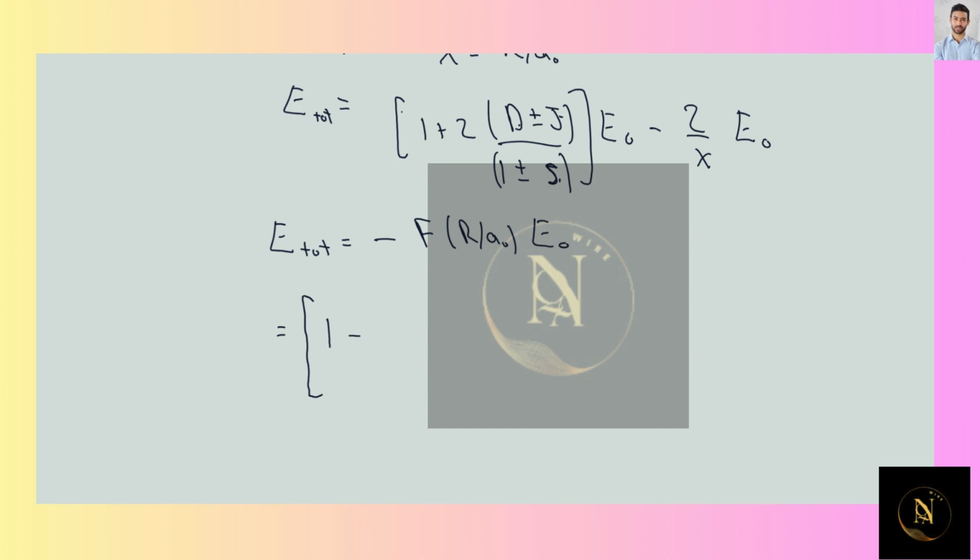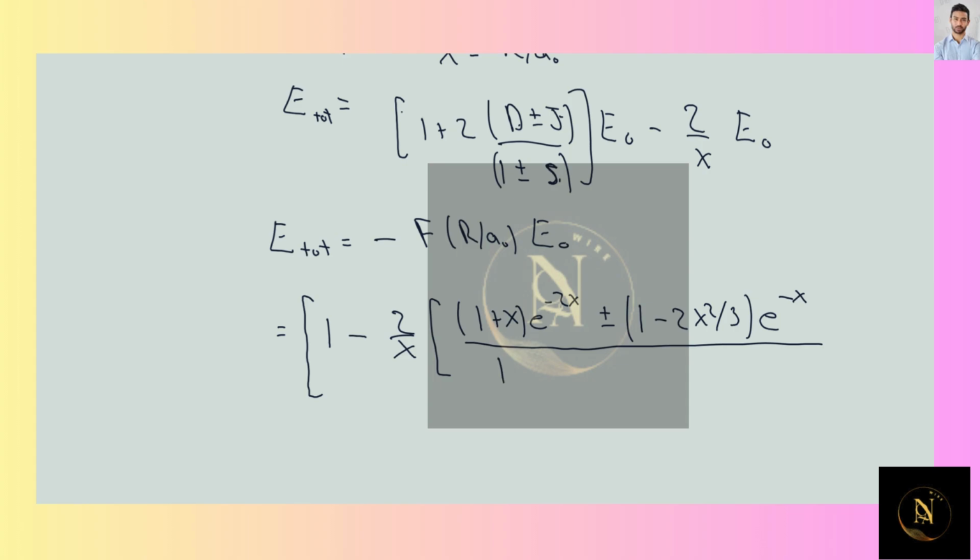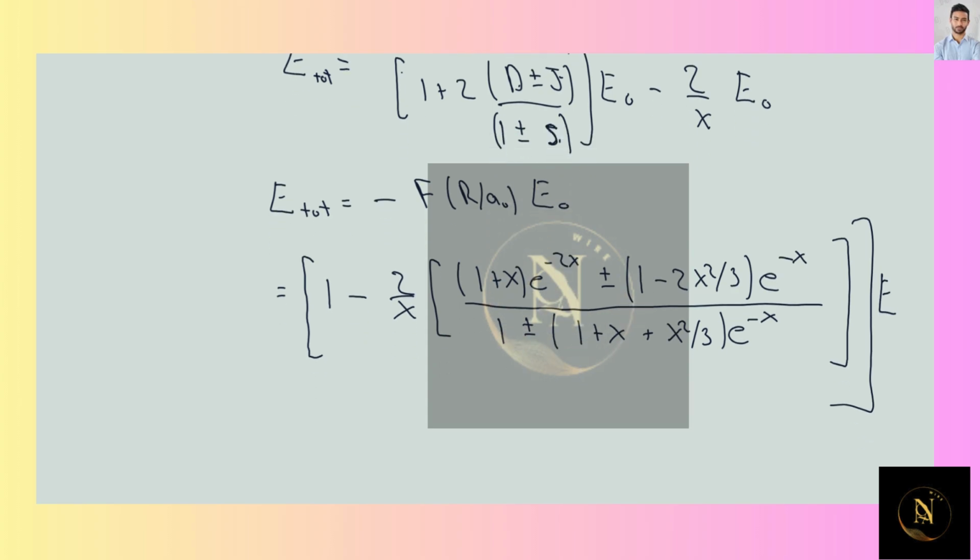This is going to be equal to 1 minus 2 over x, a fraction that is going to contain 1 plus x, multiplied by e to the minus 2x, plus minus 1 minus 2x squared divided by 3 times e to the minus x, and all of this divided by 1 plus minus 1 plus x squared over 3 multiplied by e to the minus x. And all of this is going to be multiplied by the value for E0.